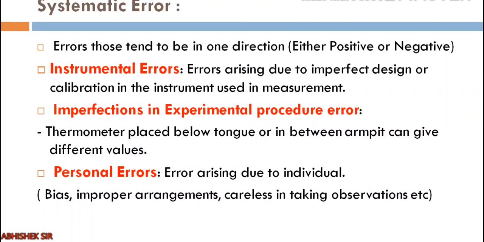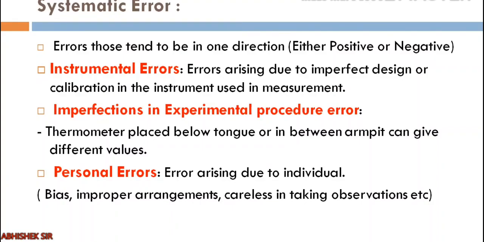For example, in earlier times, temperature was measured by keeping the thermometer between the armpits, right? But now it is placed below the tongue. So these measurement techniques can give you different values. The one below the tongue can give you a better result. So this procedure selection is very important.